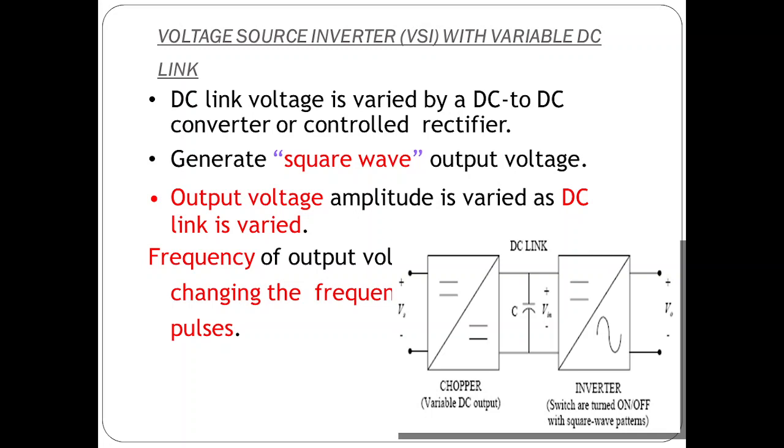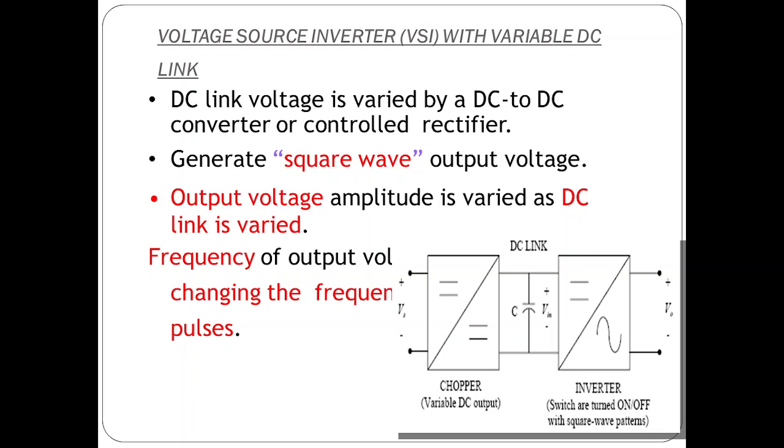So it can be varied by a DC to DC converter, or a controlled rectifier can be used to vary the DC output generated from the DC link voltage. The DC voltage may be controlled by the rectifier. Now this rectifier control is over, and the second thing is generating a square wave output voltage, where the output voltage amplitude is varied as the DC link is varied.